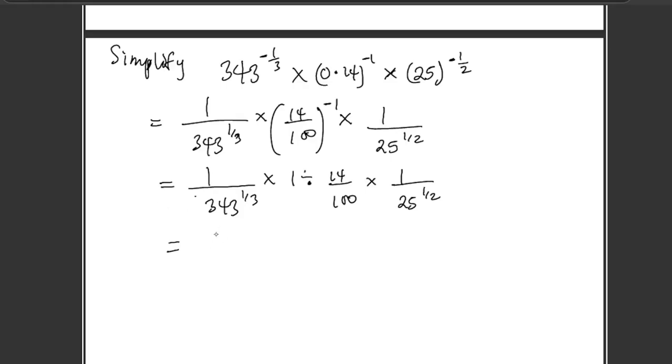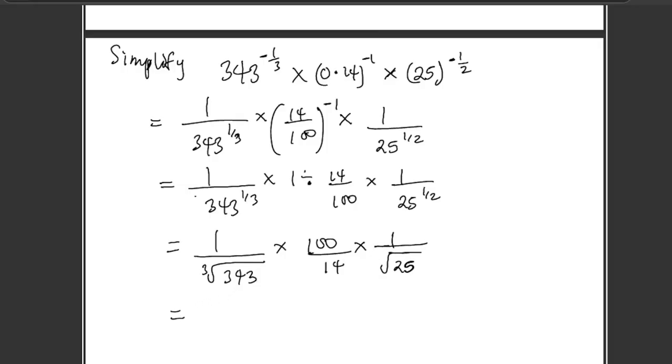So here, this becomes 1 over the cube root of 343. The denominator of the fractional power becomes the root, and you can see that 3 is the denominator, so it becomes the cube root. Then times 100 over 14, just invert the fraction. Then times 1 over the square root of 25, as you can see.